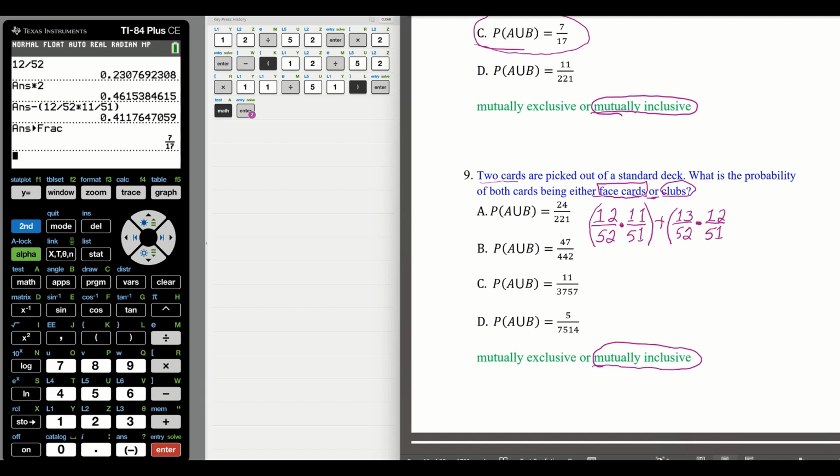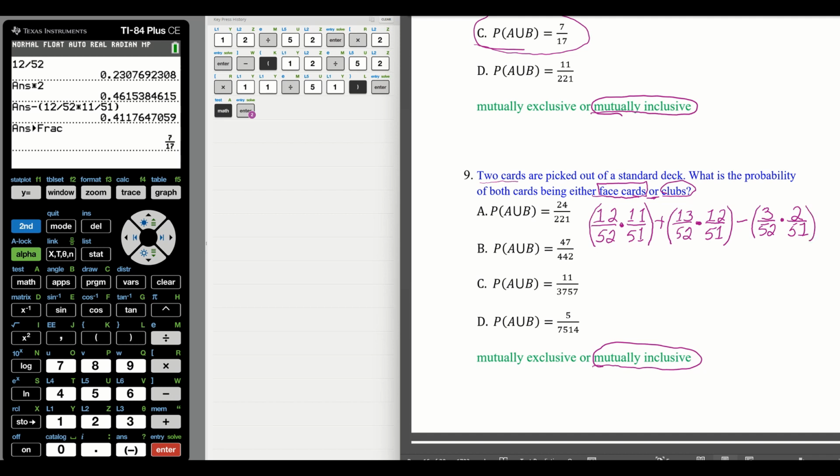That'll be 12 out of 51. Then we have to subtract out the 3 cards that are face cards and clubs. And that's out of 52 times, remember we have two cards being pulled out, so that would be 2 out of 51.